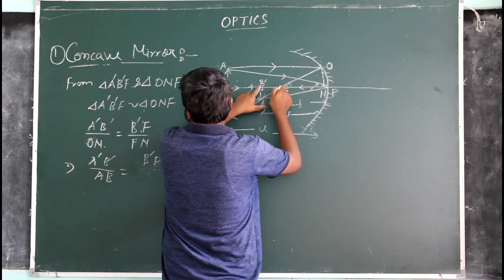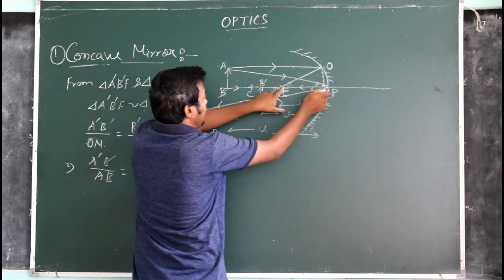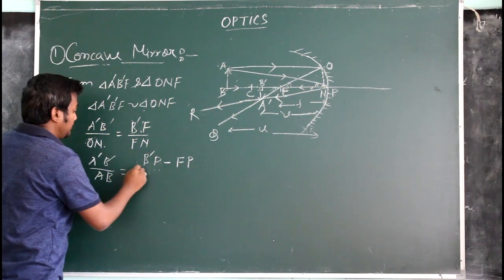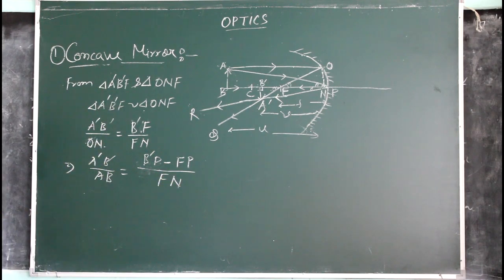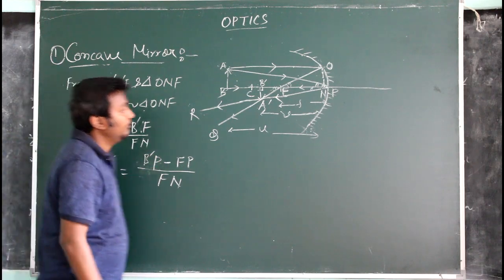Then we will get this: B'P divided by FN equals (B'P minus FP) divided by FN.